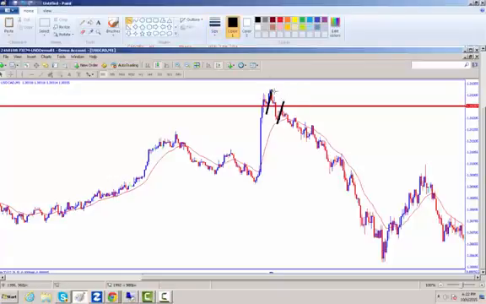And what this does right here, this is called an alternate A to B, C to D. This also established the fact that this is the first possible lower high.